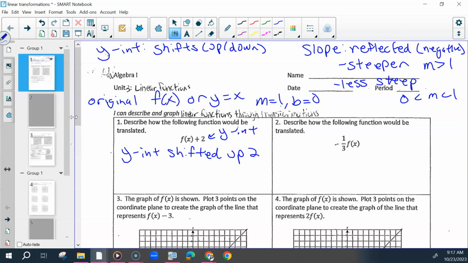So now in number 2, we have numbers that are multiplying to f of x. Multiplying numbers is your slope. So now we need to think about what did these two things do to the slope if it was 1, but now it's being multiplied by negative 1/3. So negative means which of these transformations?